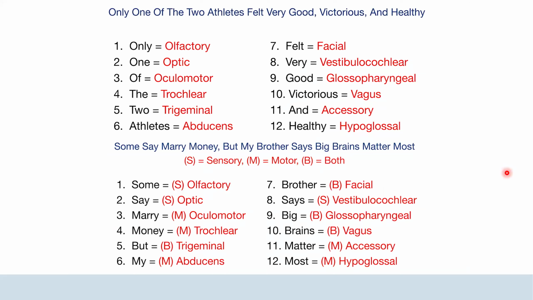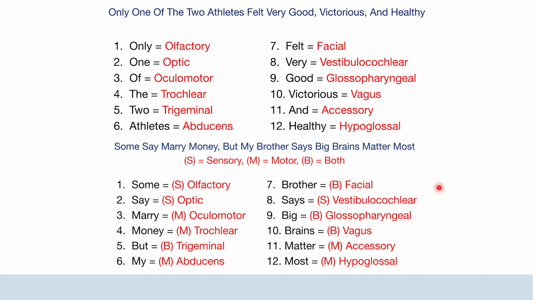Now, there are so many mnemonics about how to memorize the cranial nerves, about how to actually know everything about them. This one is for their names and this one is for their functions. Me personally, I did not use any of them. They just seemed like a hassle to memorize the mnemonic itself, and I was able to memorize the actual nerves alone much easier.